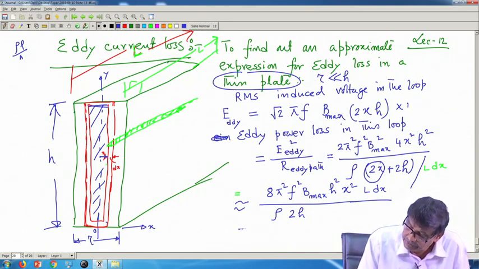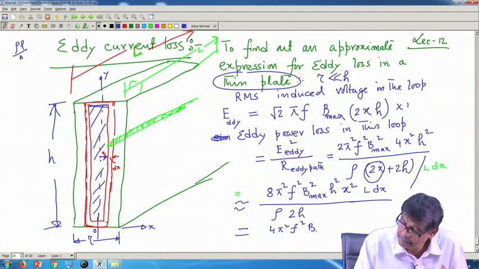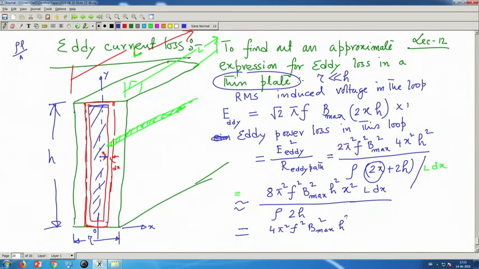So, this then will be equal to 4 pi square f square B max square into h square, no, one h goes out.